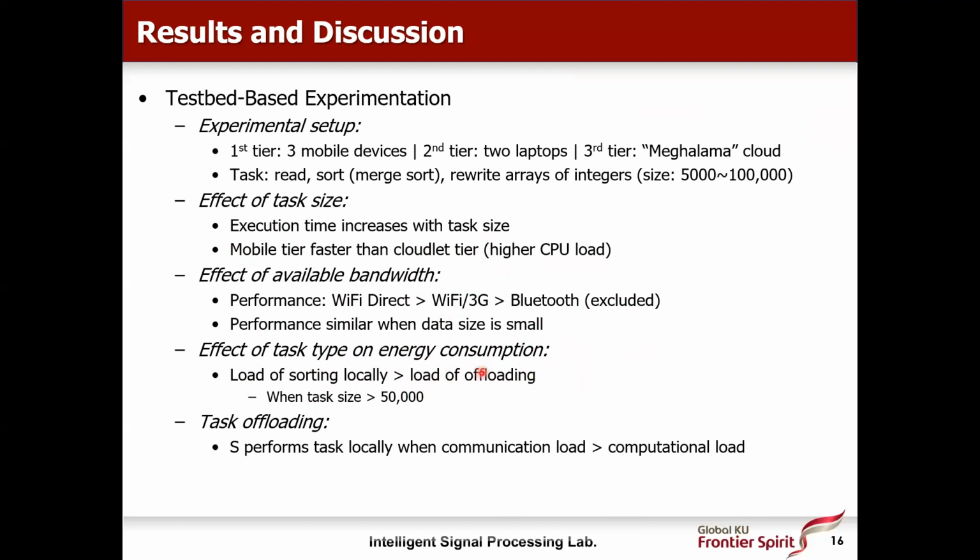So they wanted to figure out when the load of sorting locally begins to become bigger than the load of offloading to a remote device. And they found that happens when the task size reaches or goes beyond 50,000. From that point, it might make more sense to offload, since offloading will take less energy consumption. And that's what this is saying here.